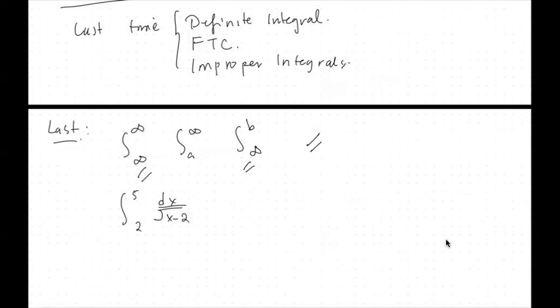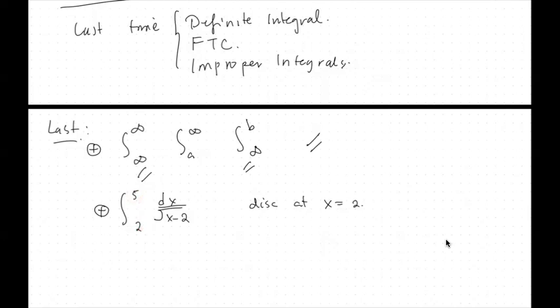And here, this is the second type. There's a discontinuity at x equal to 2, and it is happening at one of the limits of integration, specifically the lower limit of integration.